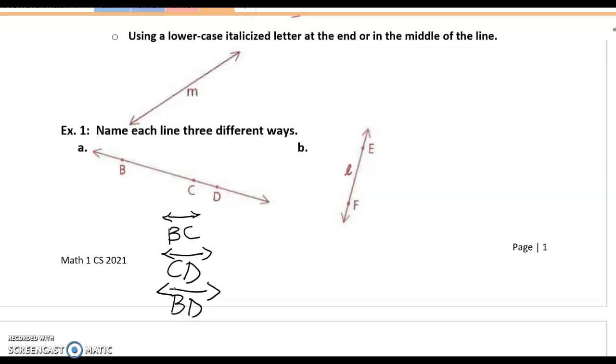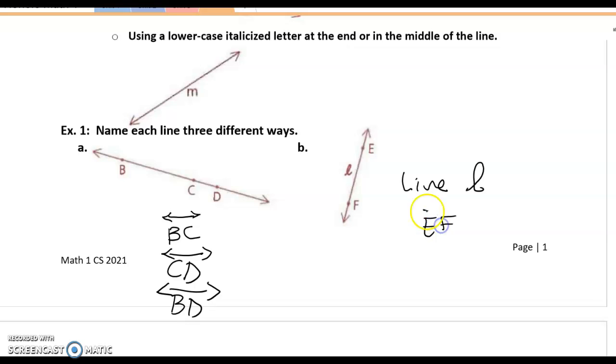For part B, we want to name this line 3 different ways. So we see the lowercase l there, so we can name this line L. All right, so we've got to make sure that we write the word line if we're going to use that lowercase letter as a naming of the line. You can't just write L. Okay, so line L, or we can name it picking the 2 points that are on that line.